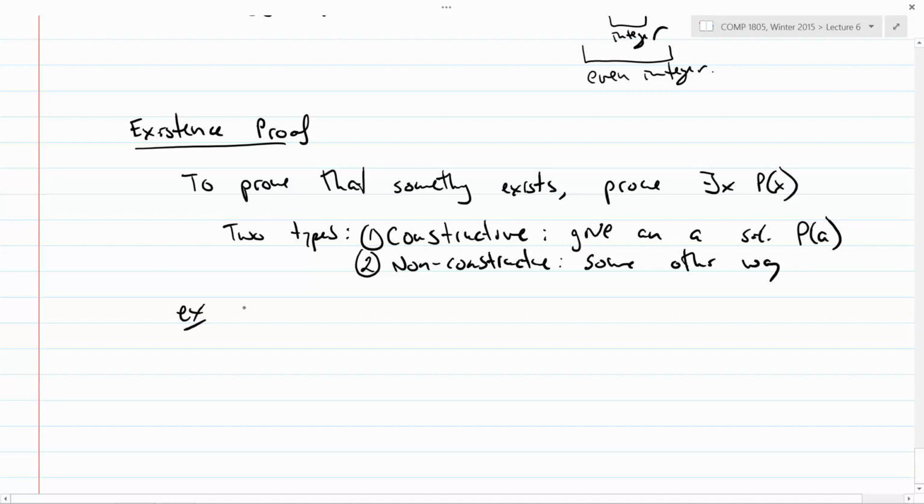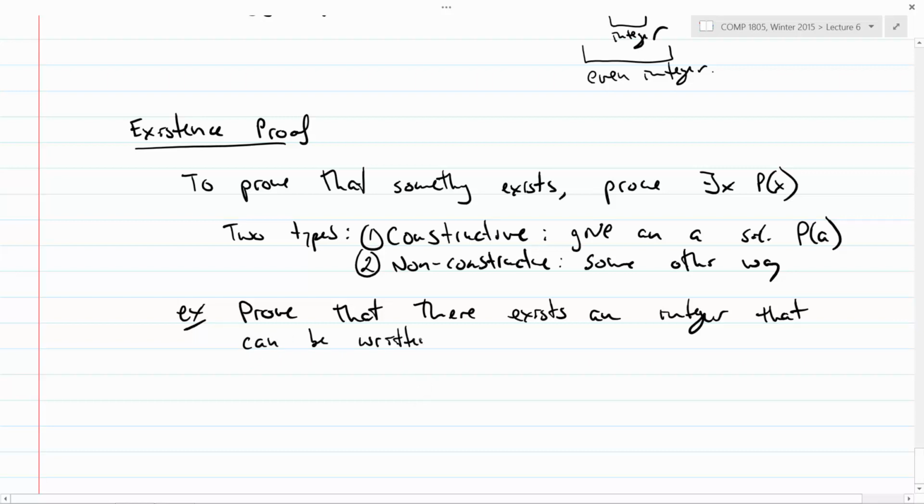One is, prove that there exists an integer that can be written as the sum of cubes in two different ways.